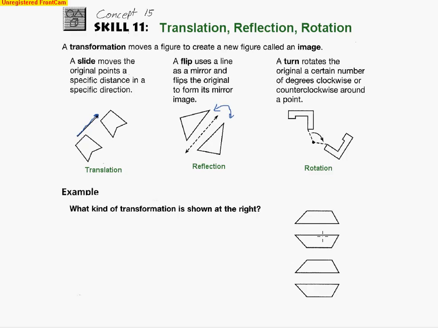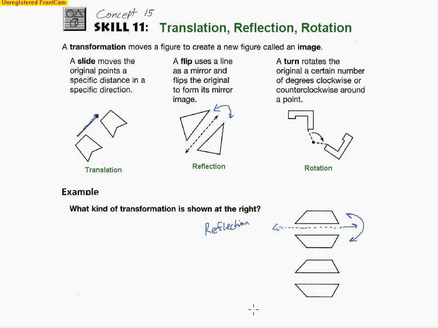My next one is a reflection. Can I put a line between these two figures? If this were a mirror, does it reflect to the other side? Yes, it does. It just flips over. So we would call this one a reflection.